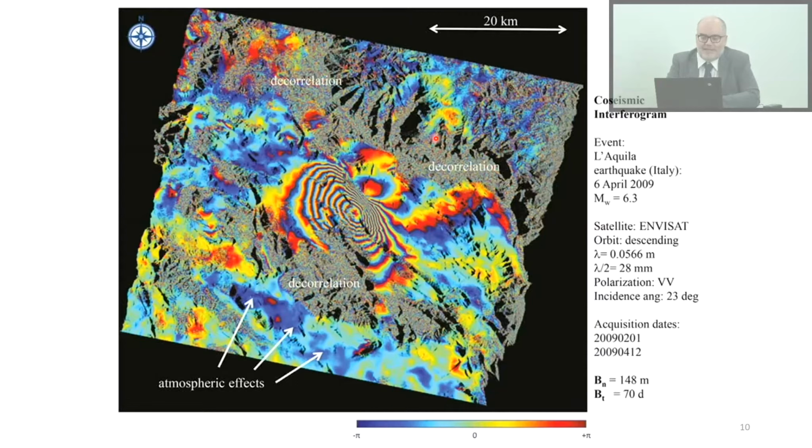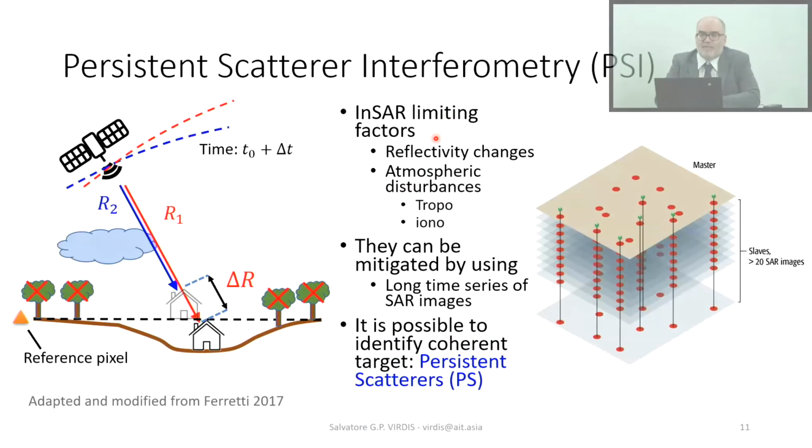For this reason, regular interferograms are useful, yes, but we can overcome these two problems, atmospheric effects and decorrelation, not by using only two images at a time, but by using time series of images. So conventional interferometry uses a pairwise approach.